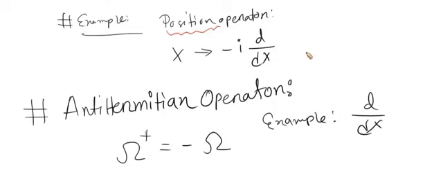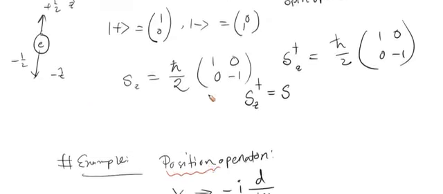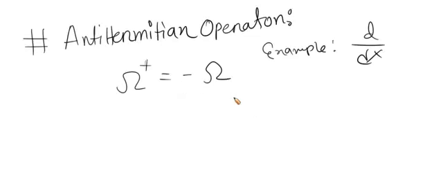So when you take the dagger of it, because of this anti-Hermitian property of the derivative operator, this thing will remain the same, and we'll discuss more about this Hermitian and anti-Hermitian operator when we deal with the eigenvalue problem.